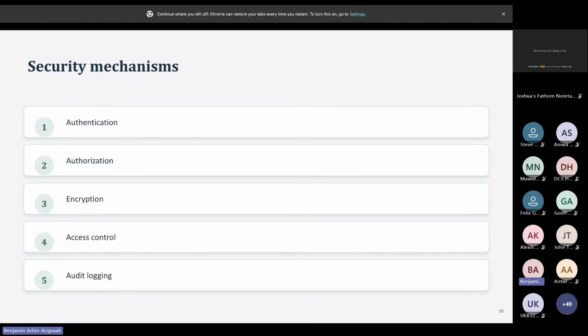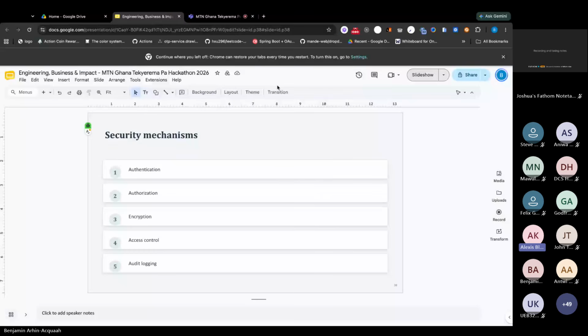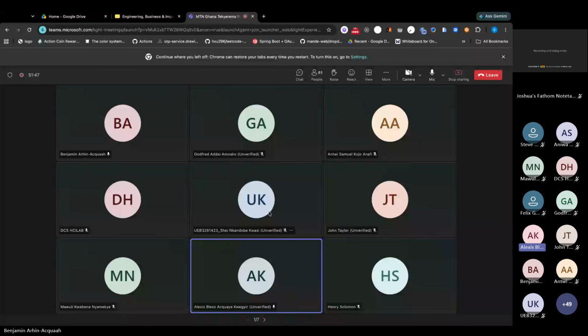So the next thing is encryption. It's like you are dismantling the message, so that even if a third person gets the message, they won't be able to access it. But the final user you want the message to go to will decrypt it, and will get the exact message you are sending.